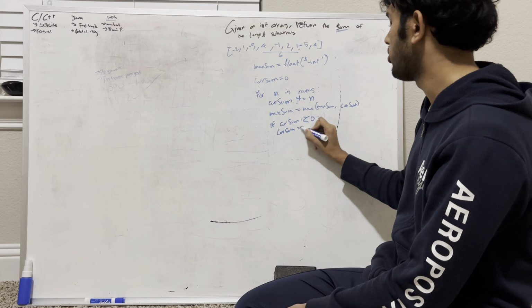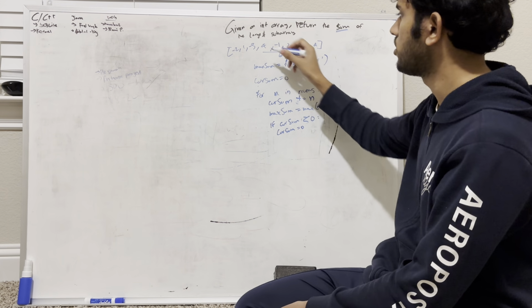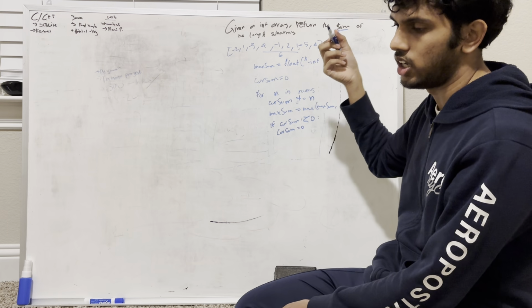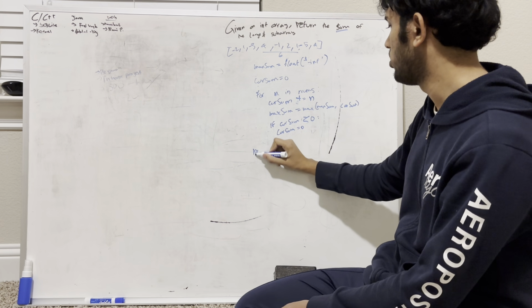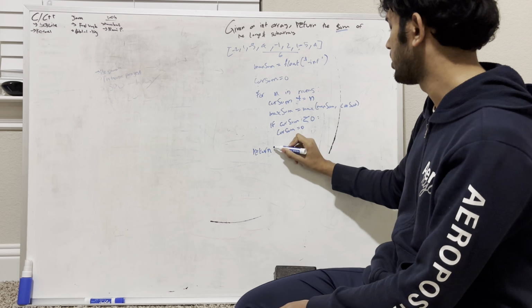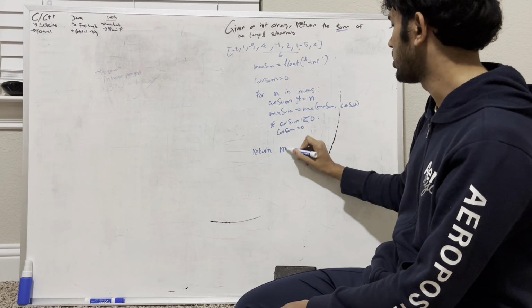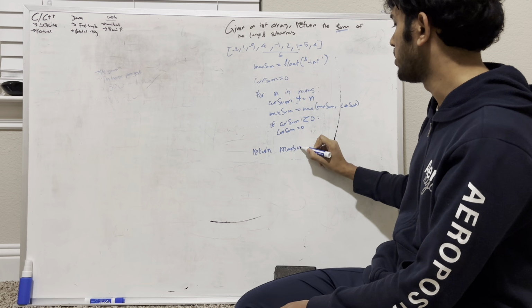That way, for the next consecutive numbers, this negative number won't interfere with the largest possible sum. We check if it's less than 0, and that's it. And now we can return max sum, and that's pretty much it.